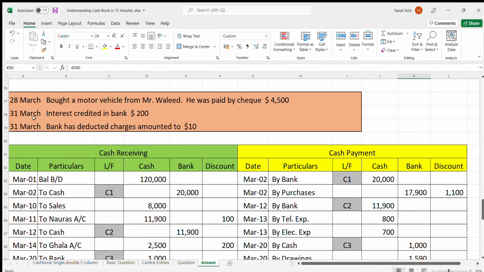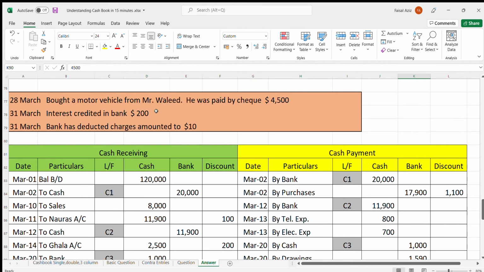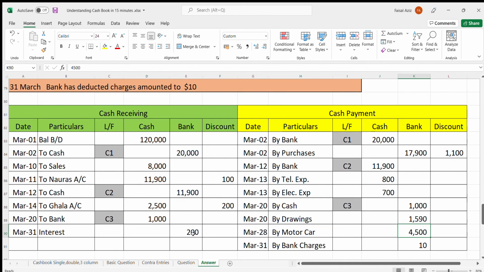On 31st of March there is another transaction, that interest credited in bank $200. So this interest we will write here March 31st interest, since it is credited in the bank, so I will mention it on the receiving side, left side, in the bank column.